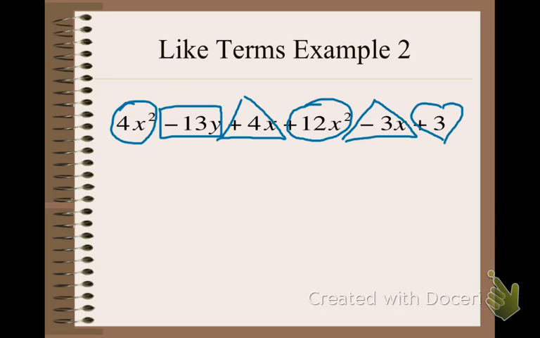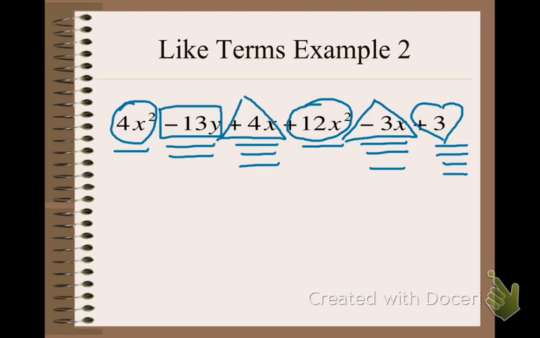You could keep going with that, or you could also do the underline. So you could underline the first term once, you could underline the second term twice, the third different term 3 times, and so on, so you could do the underline method as well. Okay, so let's combine the circles.